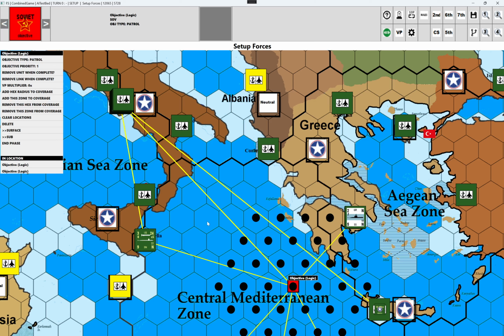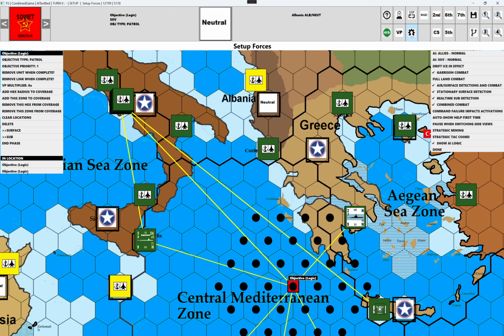There's also an aggression level of each type of objective. Some are set higher than others. That's really just set. I set that. So that also says, if you set your side, for instance, I notice that I've set both the Allies and the Soviet to normal aggression level.